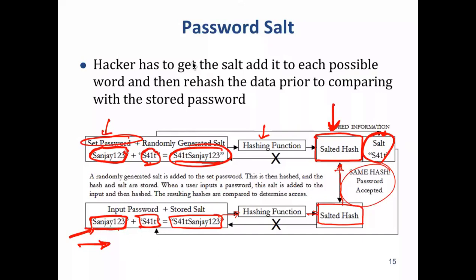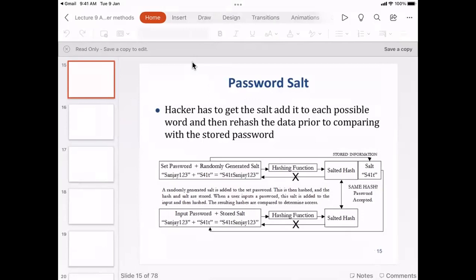It will remain the same for some time. When you log in next time, the system will know this is your salt, apply it to your password and do the hash. If the salted hash is the same as the one stored, then you are allowed. Shall I repeat? Are you able to understand it?